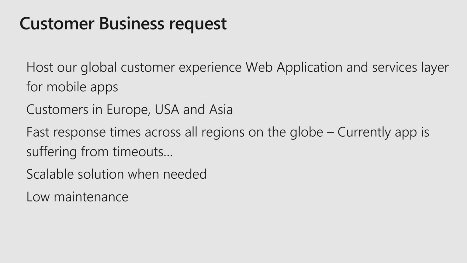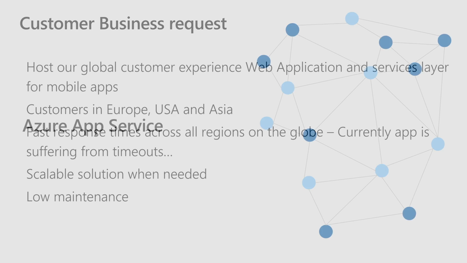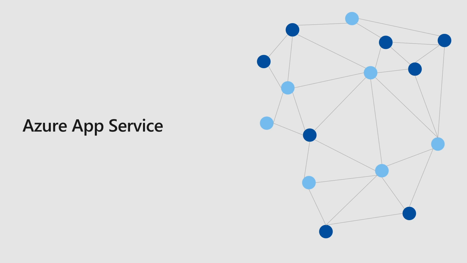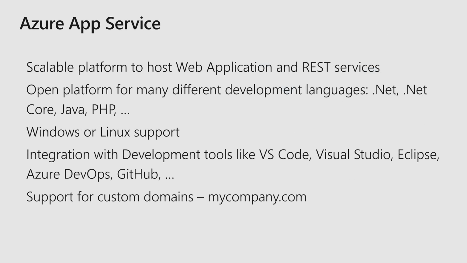So of course we started to look at this, and I said, well, if we want to move to Azure, let's start with the Azure App Service. With the Azure App Service, I can build and host my web application. It is a scalable platform where I can host web applications and also REST services.